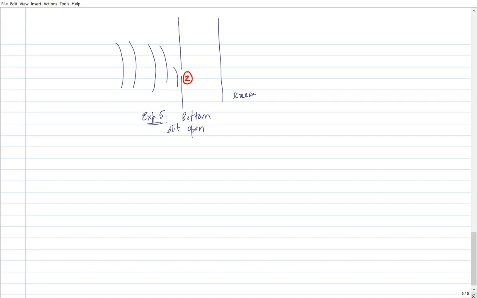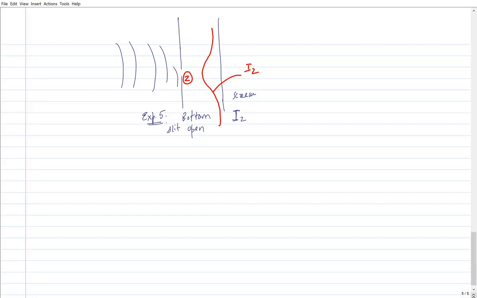And I again get an intensity pattern, which looks like the previous one, and I call it I2 over here. So this was so far very similar to the case with the bullets.